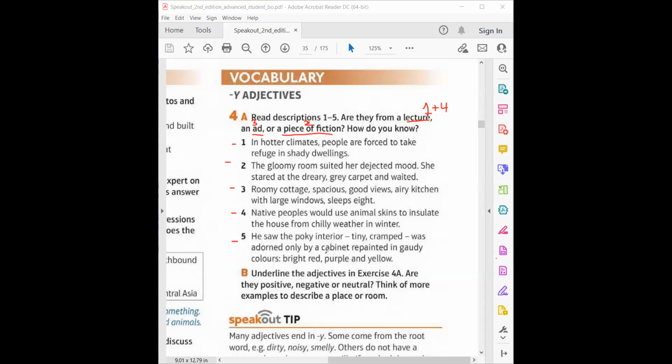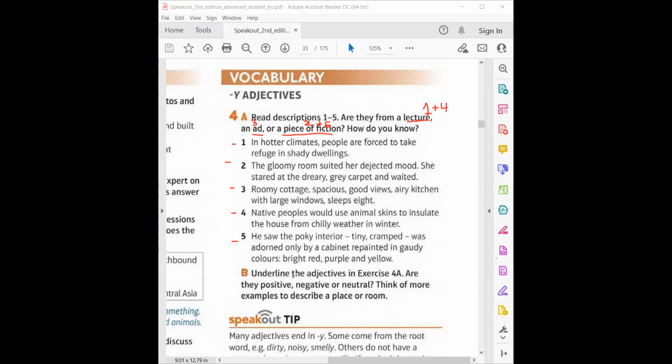I'm not sure, but I guess it's a piece of fiction again. It's a piece of fiction, that's right. It tells a story. It uses adjectives to describe the atmosphere, and it tells the information in the past tense. Yeah, it's a story.